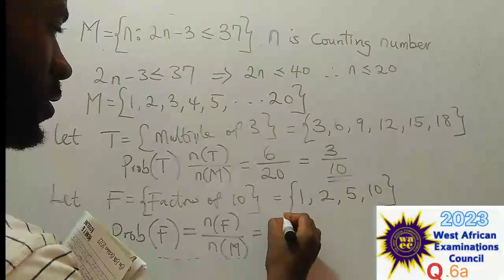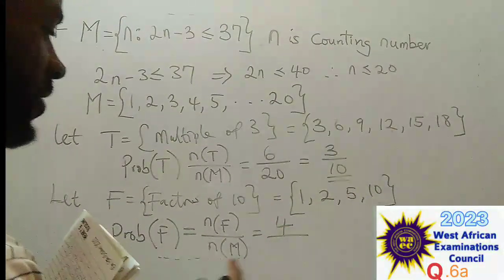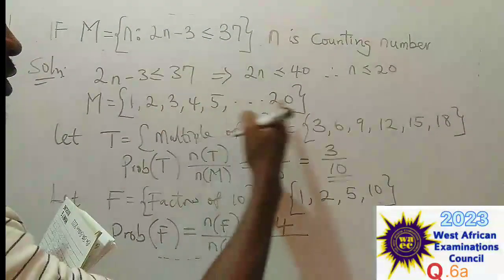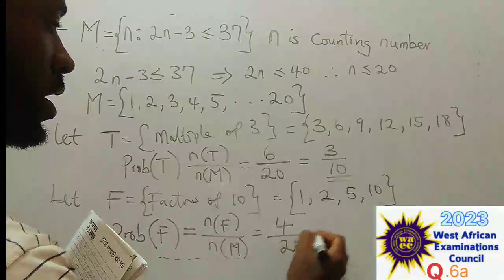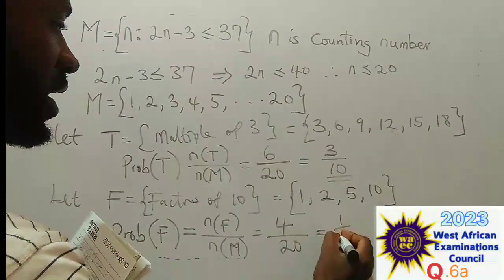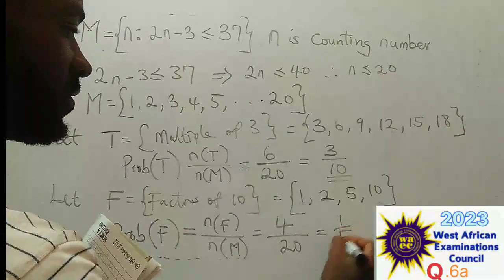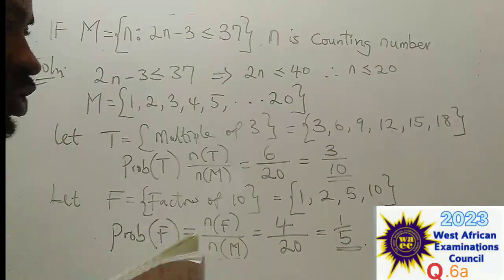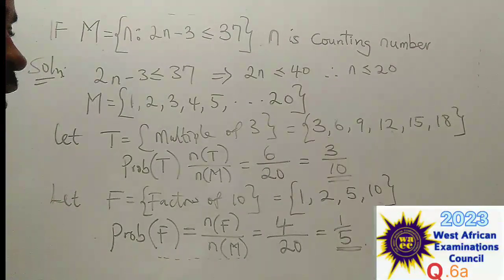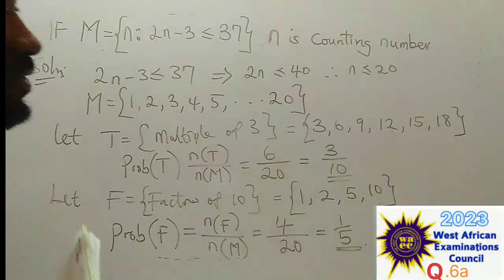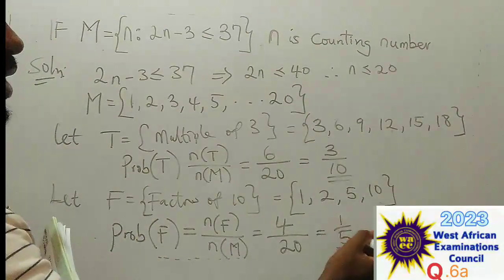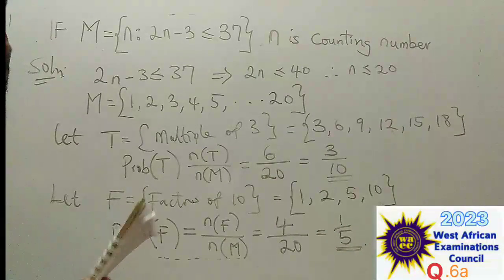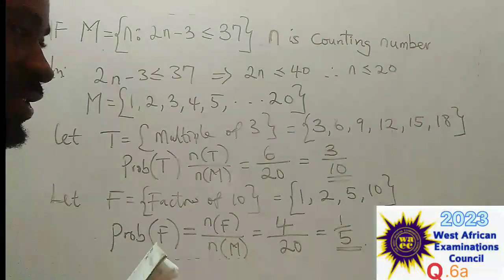There are 4. The number of elements in N, which is 1 to 20, is 20. And if we simplify this further, this will give us 1 over 5. So these are the solutions to this problem. Our answer for A is 3 over 10, which is the same thing as 0.3, and our solution to B is 1 over 5, which is the same thing as 0.2.